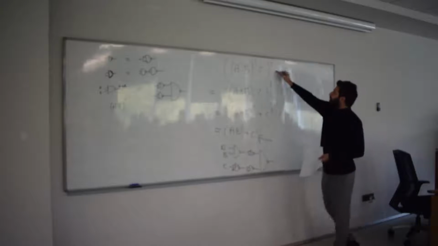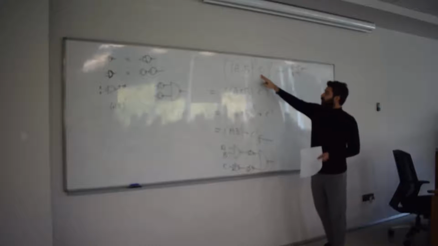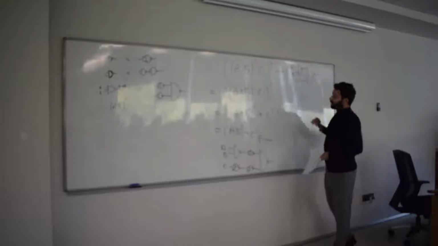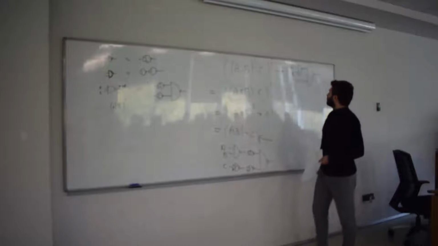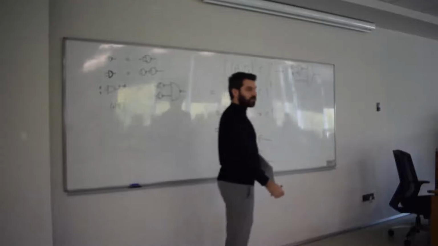But if you look at this expression, this actually tells you that AB has to go through a NAND, right? And then has to go through with C, and you NAND together, okay? So you actually have to use an extra NAND here to be able to implement the same functionality.